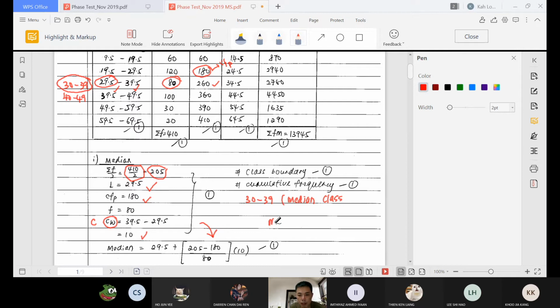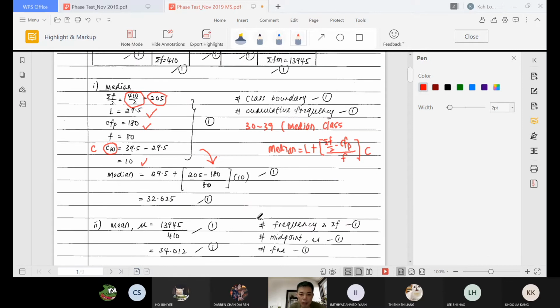What is the median formula? L plus sigma f over 2 minus CFP, divided by f, then multiply with the class width. I hope that you still remember this. After you calculate, you get 32.625. And if you want to calculate the mean, the formula is mu equals sigma fm over sigma f.